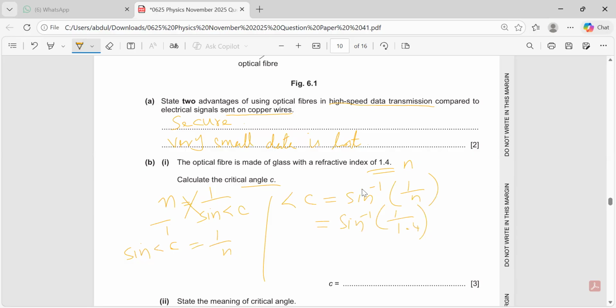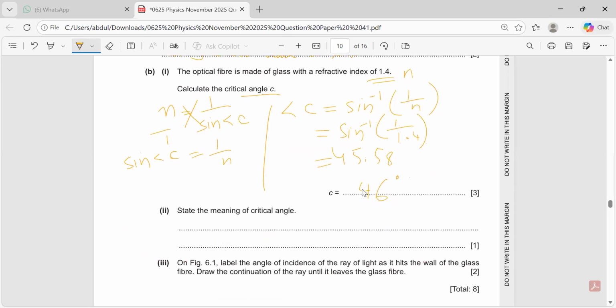When I'm calculating this with shift sine and then 1 over 1.4, I'm getting the answer 45.58. We cannot write it in decimal. Simply you can write 46 degrees. In a protractor, the least count is 1 degree, so how can we measure 45.58? Just write 46 by rounding it off.